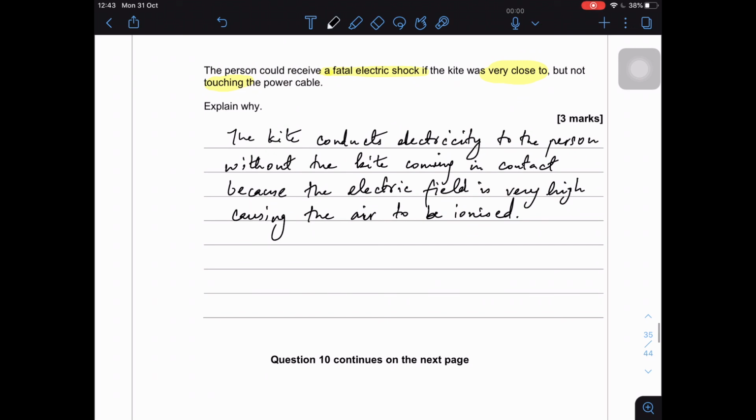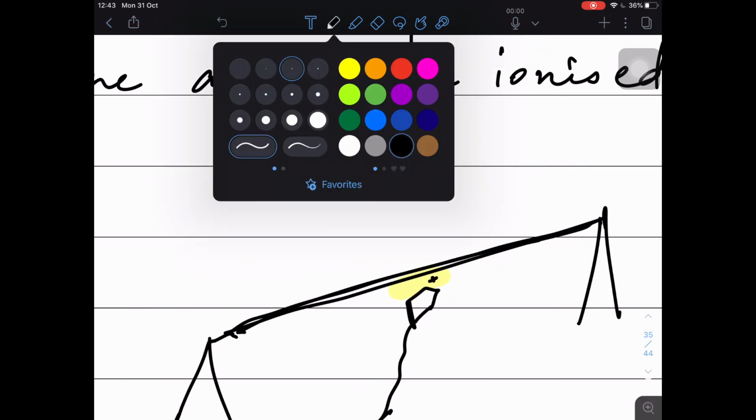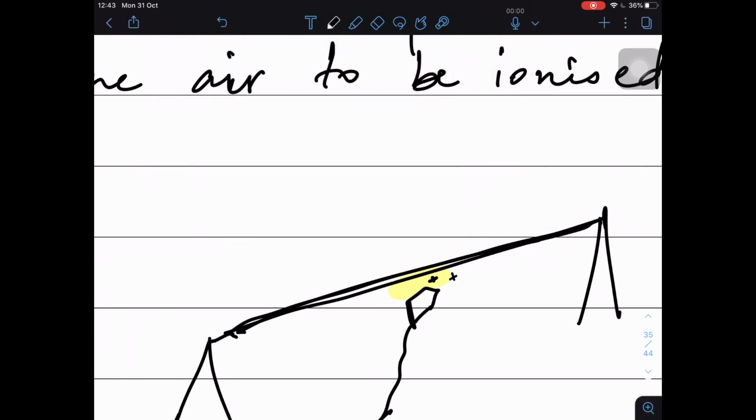Okay, what does this mean? So imagine this is a cable, and a kid flying a kite comes very close to it. If I zoom in, essentially the air here becomes ionized, because ionized means it becomes charged. So I'm going to use positive and negative charges. This is being ionized.